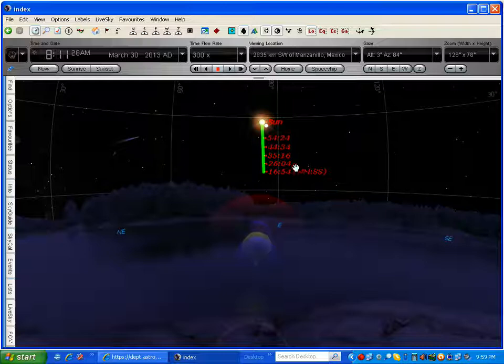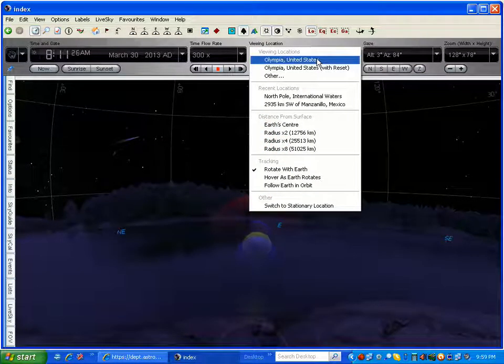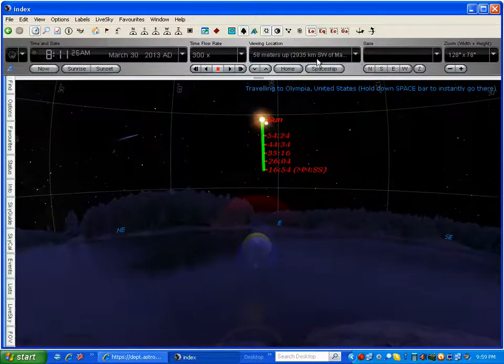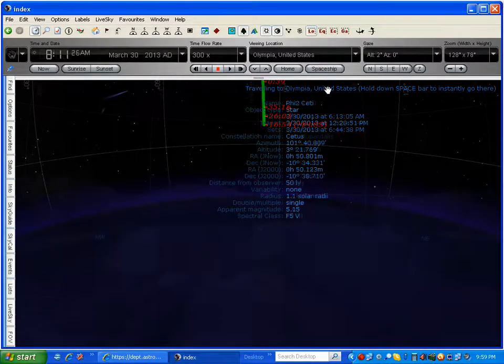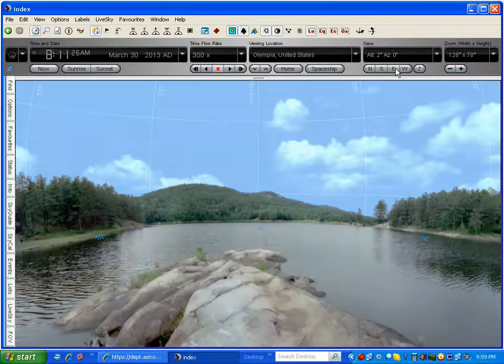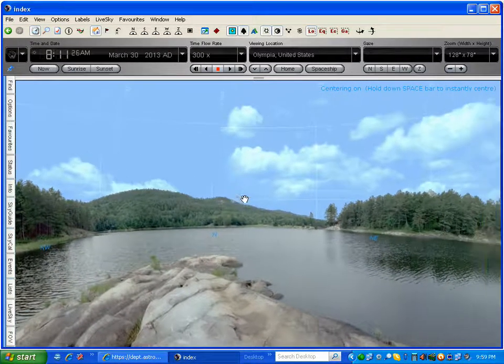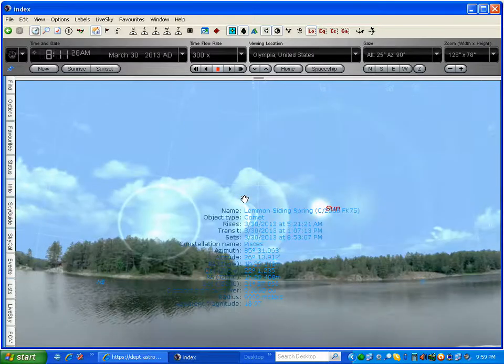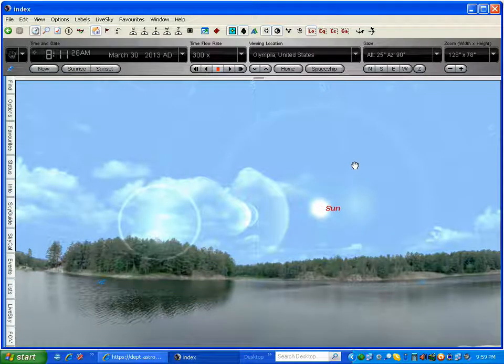Now the thing is that this does not work when you are at mid-latitudes. At mid-latitudes, it will work pretty well on the day of the equinox.